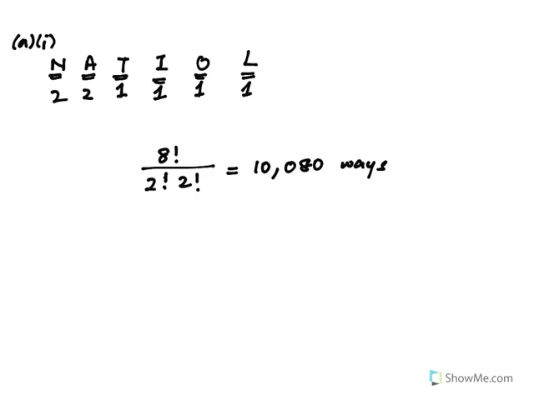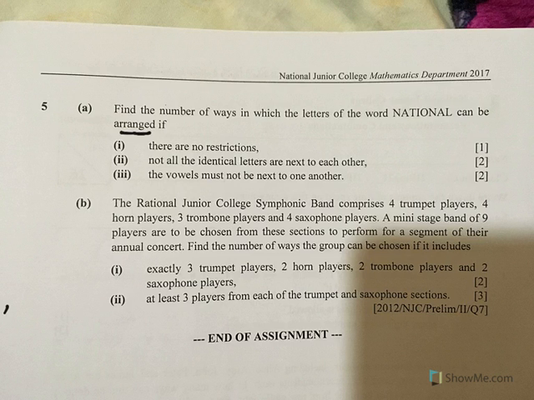Okay, then the next one is to see not all the identical letters are next to each other. So one way is you actually use the complement. So remember the difference between not all and all not. When you choose the complement, just be careful. So not all, like the complement, you can say the number of ways in which they are together.